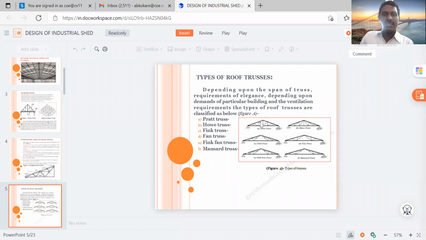If you see in this picture, some of the various types of trusses are shown: Pratt truss, Howe truss, Fink truss, fan truss, Fink fan truss. These are some types of trusses we can provide for the industrial building or for the industrial field.